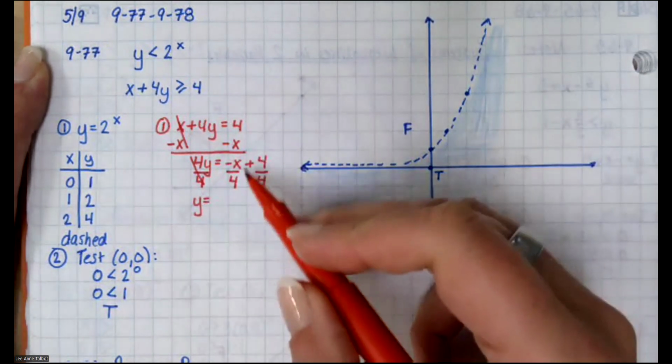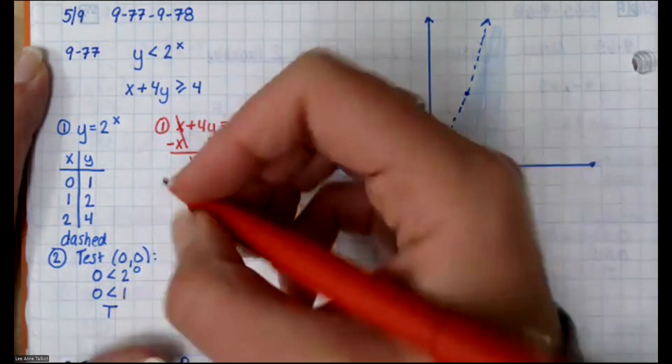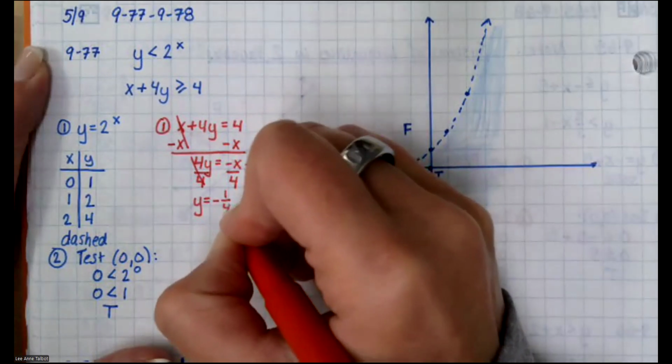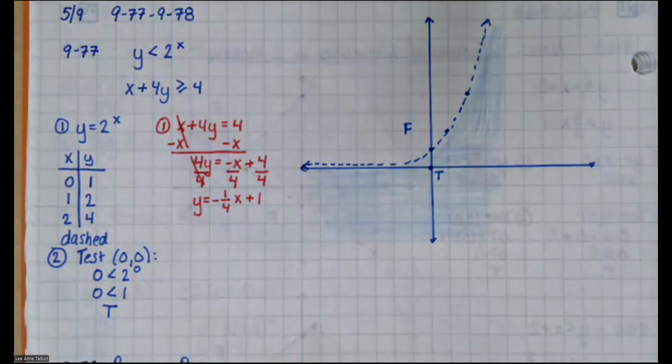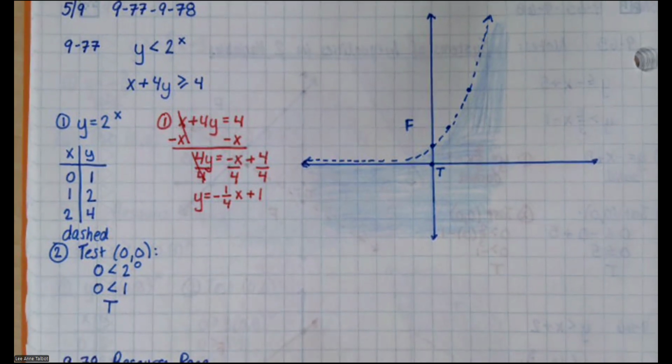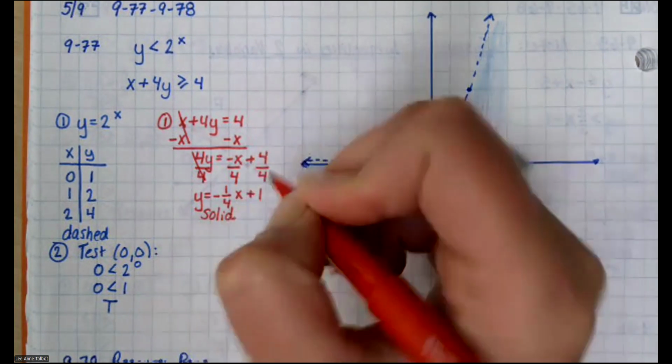Okay, now how can I write this so that it looks like a slope? Excellent. Negative 1/4 x plus 1. So you can always put that 1 in front of the x if you need to so you can see it. And this one is going to be solid.